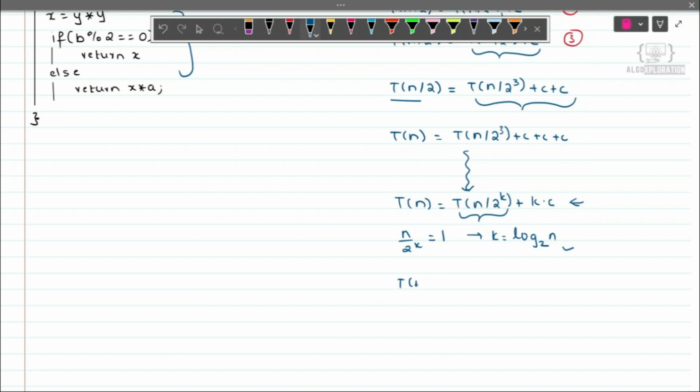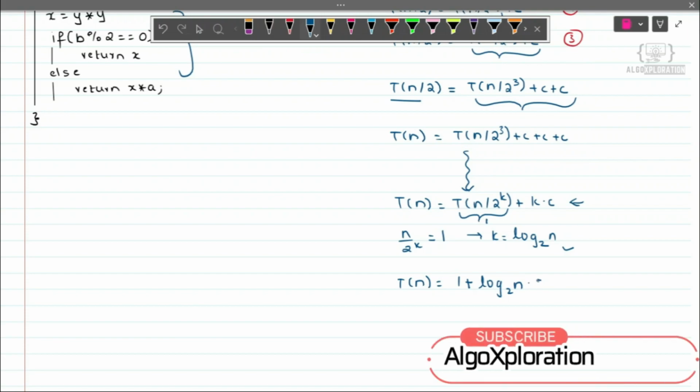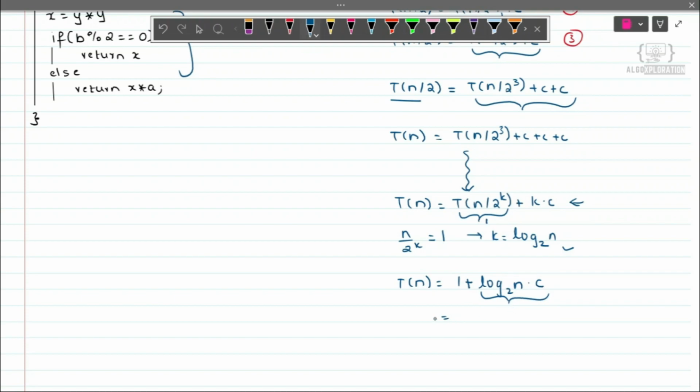So it will be T of n equals, the value of this will be 1, plus log n base 2 into C. Now the dominant term is this one, so the time complexity will be order of log n base 2. So this is the time complexity of this pseudocode, order of log n base 2.